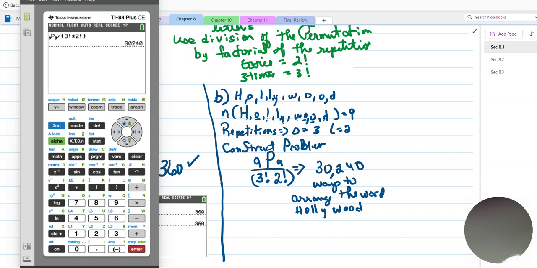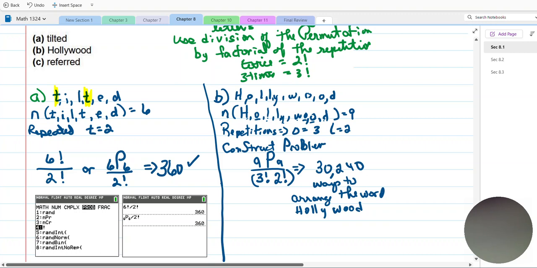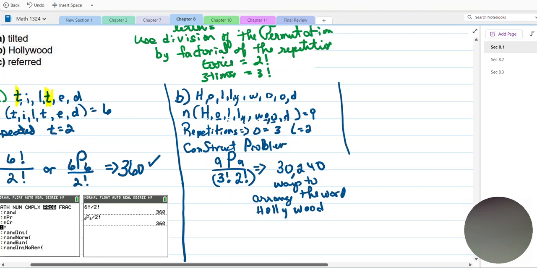And just for sake of how much it affected it, I'm going to delete going backwards and just make it a permutation of 9 choose 9. Okay, so I'm going to enter. Look how big it would have been, 362,880 if all the letters were different. All right, so now we're at the last one, and it is referred.